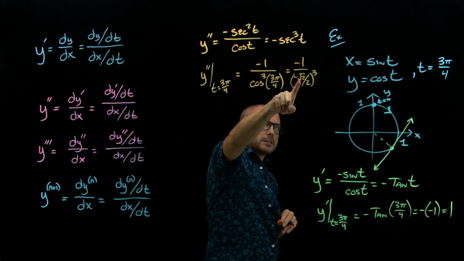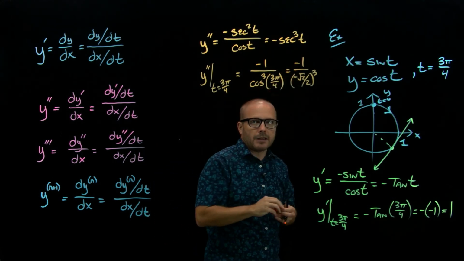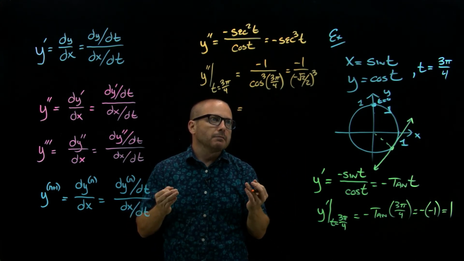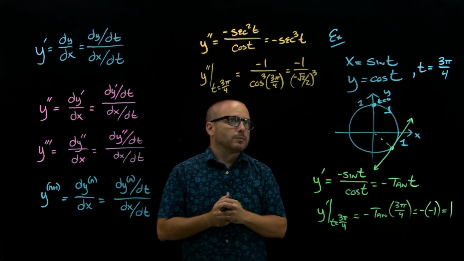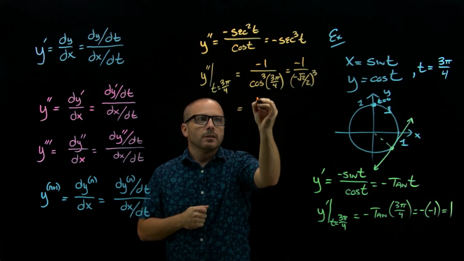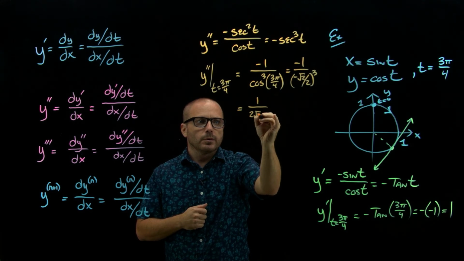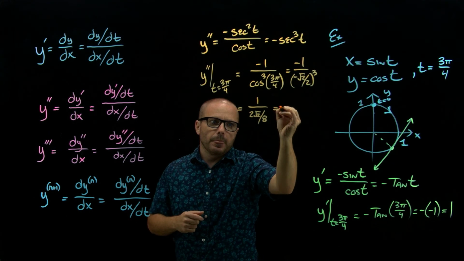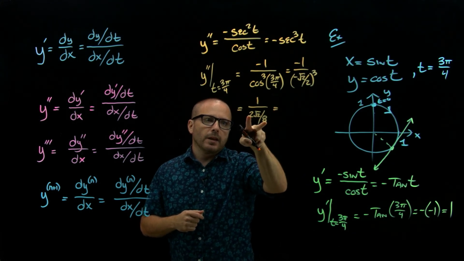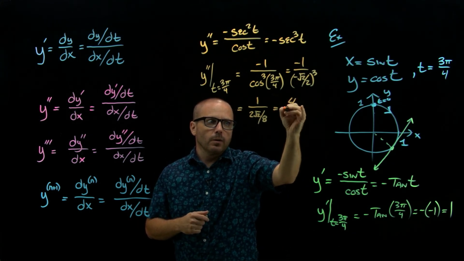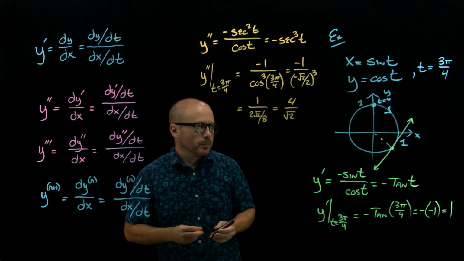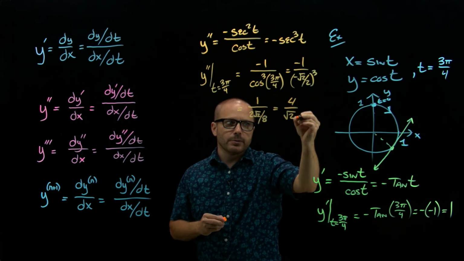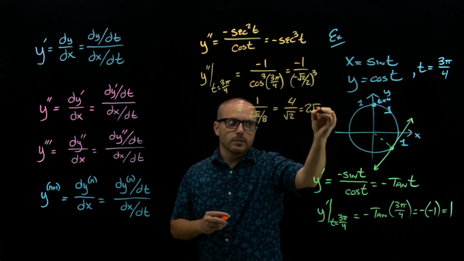Cubing will still leave this negative, so we'll have a negative on top and a negative on bottom, so positive. 2 cubed is 8. Square root of 2 cubed is 2 root 2. So I have 1 over 2 root 2 over 8. If I flip that, the 8 will cancel with the 2, and I'll just have 4 over root 2. Or if you want to rationalize that, it's 2 root 2.